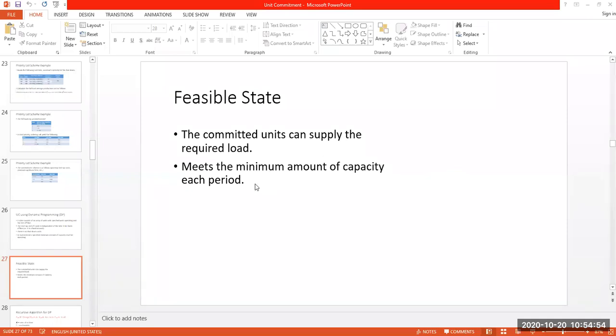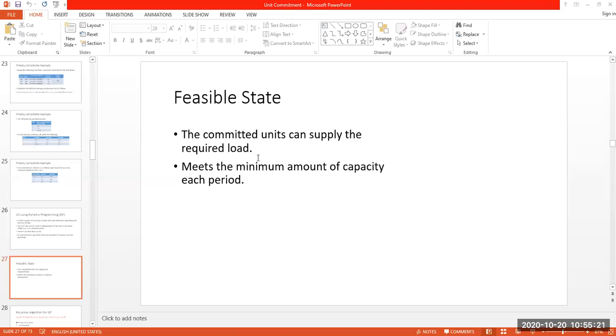These are the feasible states, and we'll consider that for each time instant, let's say for each hour, the combinations which are feasible should meet the minimum amount of capacity. We will see how you actually consider states to be feasible and non-feasible when we take the example.